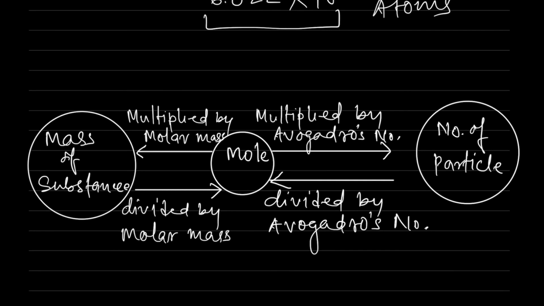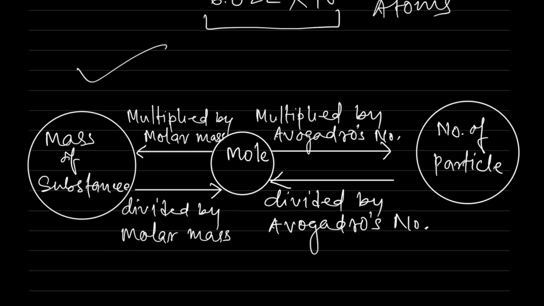For solving this type of problem, we have to understand the relationship between mass of the substance, mole, and number of particles. It is very important. If you know the relationship between these three things, you can easily calculate. You can convert the mass of the substance into mole, mole into number of particles, number of particles back into mole, and further mole into the mass of the substance.